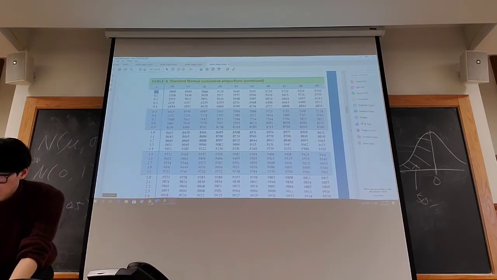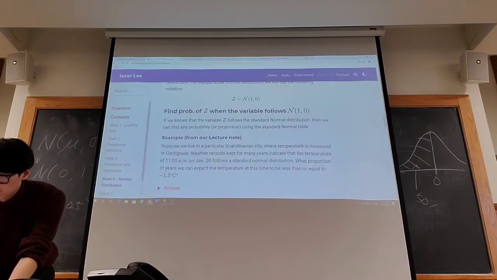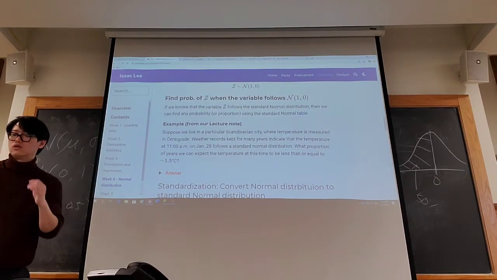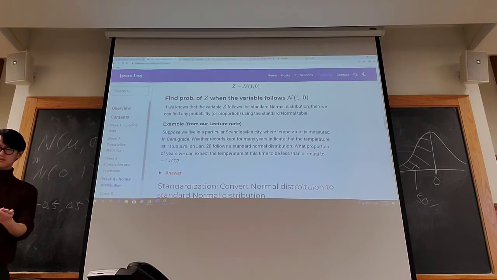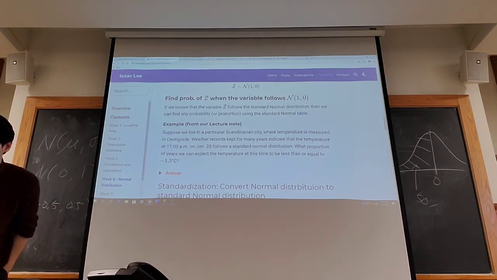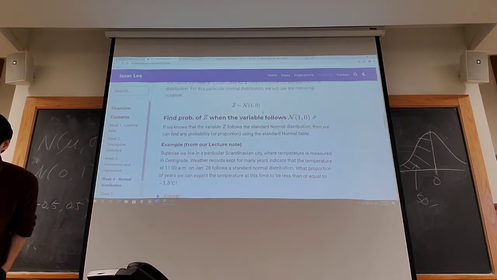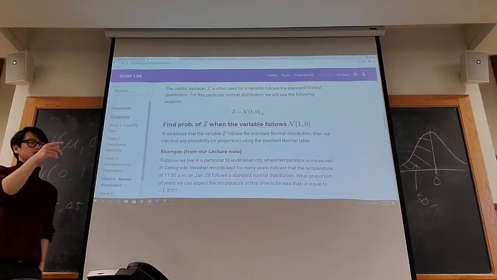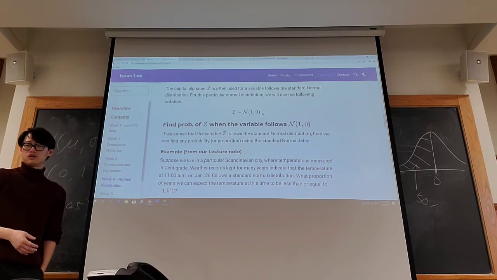So our question is this. Usually capital Z will be used for the variable which follows a standard normal distribution.